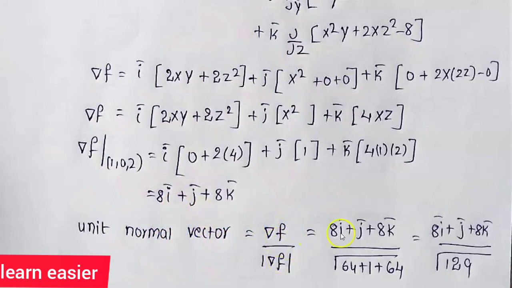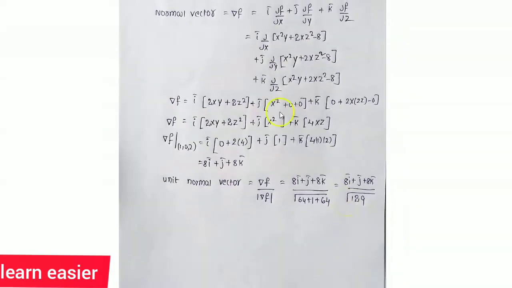So del f is 8 i bar plus j bar plus 8 k bar, divided by modulus of del f, which means 8 squared is 64, 1 squared is 1 and 8 squared is 64. So 64 plus 64 is 128, and plus 1 is 129. So finally we get the unit normal vector as (8 i bar plus j bar plus 8 k bar) by root of 129.